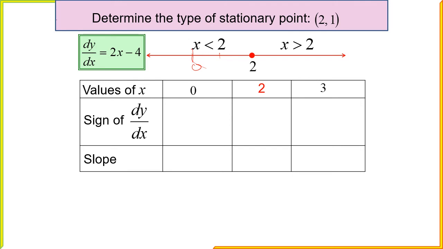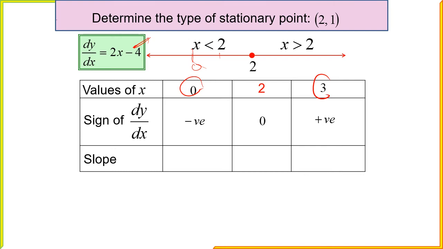Now what we need to do is to substitute this value of x into the dy/dx we found to check the gradient. When x equal to 0, the gradient is equal to negative 4, means that it's a negative value. When x is 2, it's 0, but when x is 3, it will be positive: 2 times 3 is 6, minus 4 is 2, so positive.